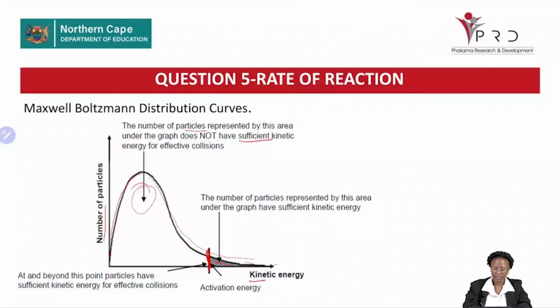So at this point and beyond, which is where the activation energy is, it's where the number of particles that have enough kinetic energy to react actually do what? Actually start. The moment you understand this graph, then you'll be able to understand when you are looking at temperature versus time, concentration versus time, using the same concept of the Maxwell-Boltzmann distribution curve. Very much important to go back to revise it.